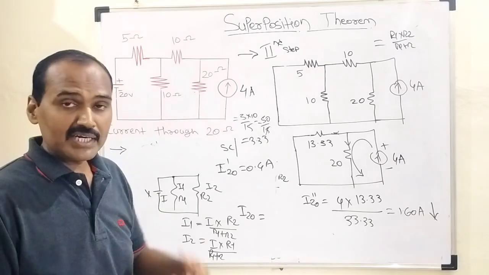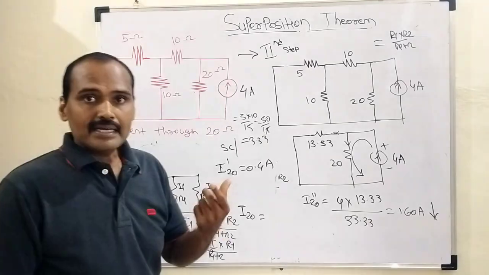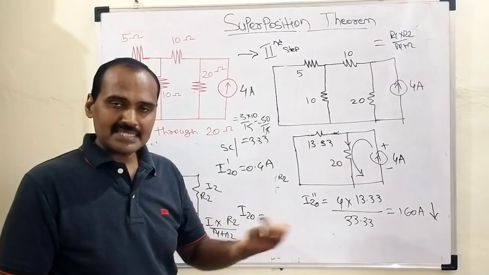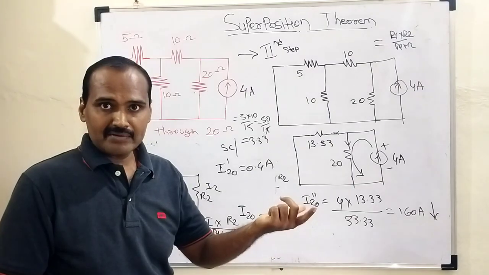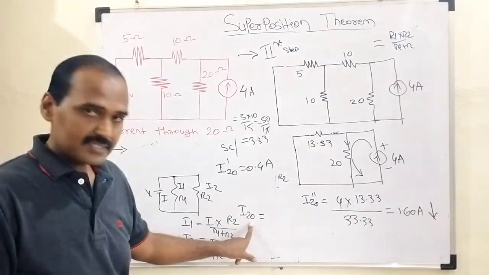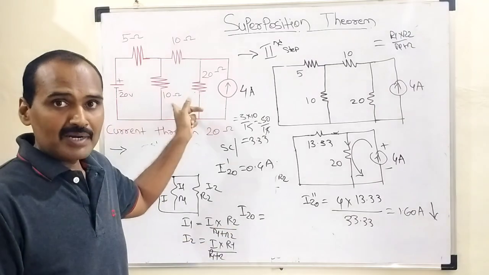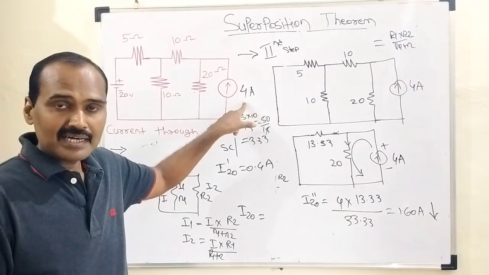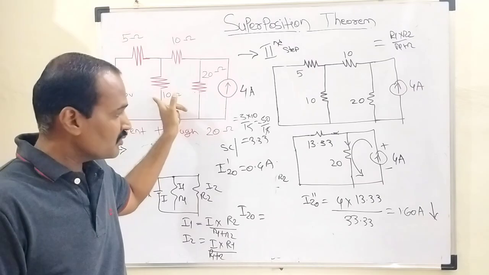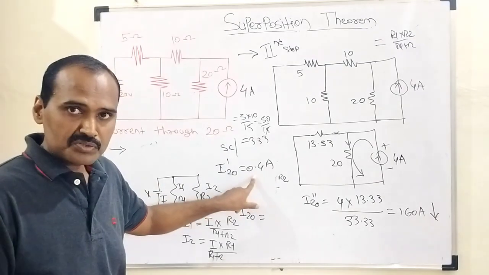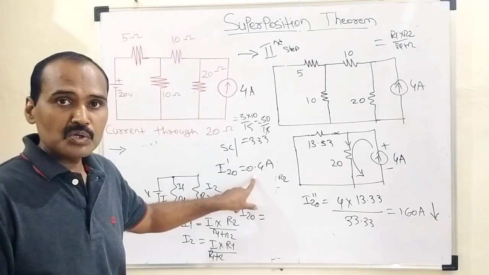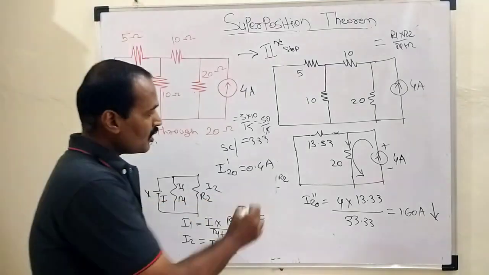Now we need to recall the statement of the superposition theorem. In any linear bilateral network, the current flowing through a particular element is the algebraic sum of the currents when multiple energy sources are acting alone. So due to this 20 volt battery, the current flowing through this 20 ohm resistor is 0.4 ampere, top to bottom.